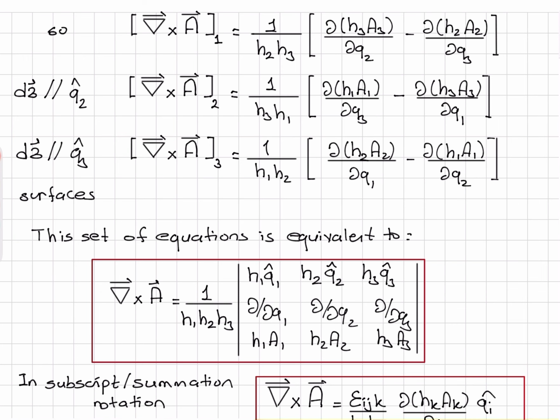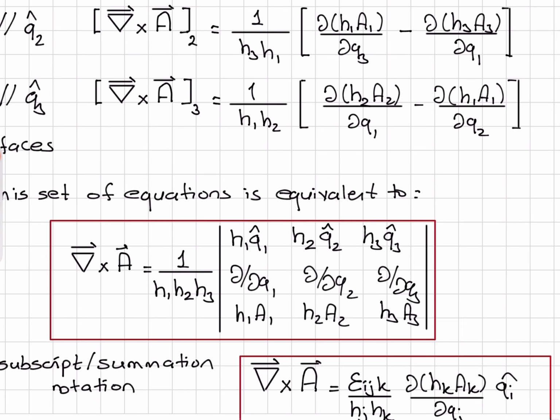This set of equations can be summarized as 1 over h1 h2 h3 times the determinant of the matrix with rows h1 q1 hat, h2 q2 hat, h3 q3 hat; partial derivatives with respect to q1, q2, q3; and h1 A1, h2 A2, h3 A3.